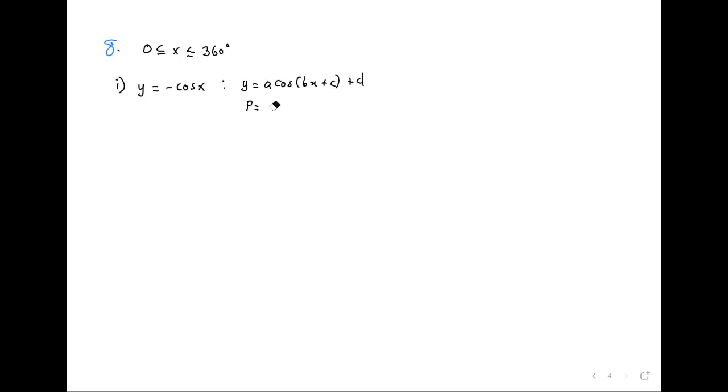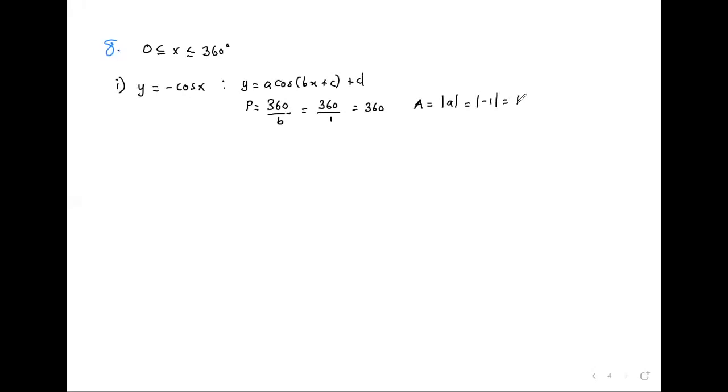Now when you're dealing with degrees, 2 pi is 360, so you say 360 over b, but in this case our b is 1, so we get 360. Then the amplitude is the modulus of A, which is the absolute value of -1, which is equal to 1.